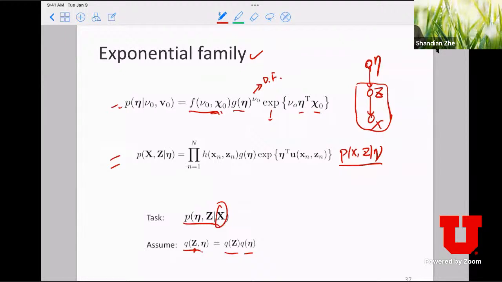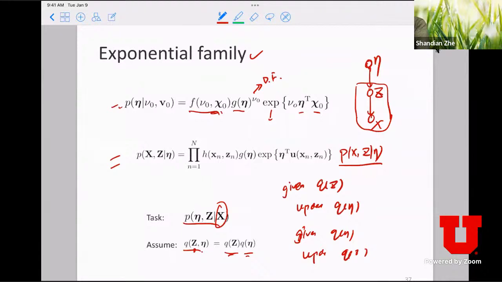Next, how can we update q of z and q of eta? Following the mean field variational inference framework, given q of z, update q of eta, and then given q of eta, update q of z.